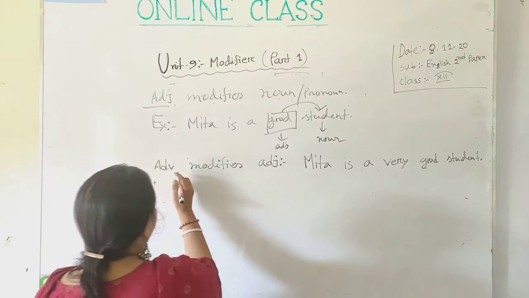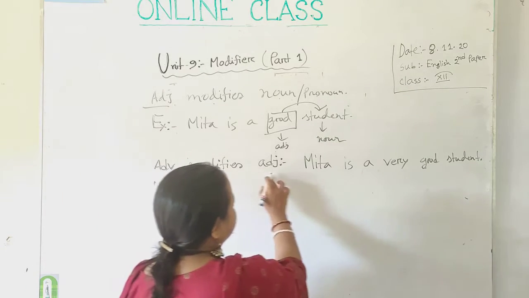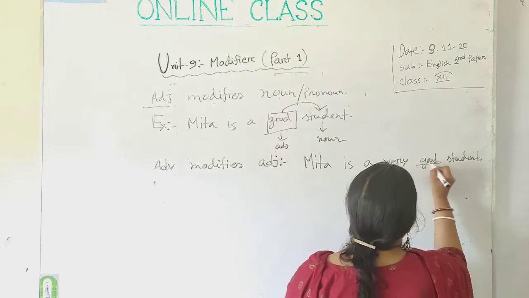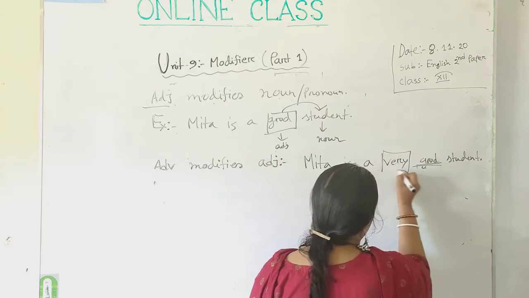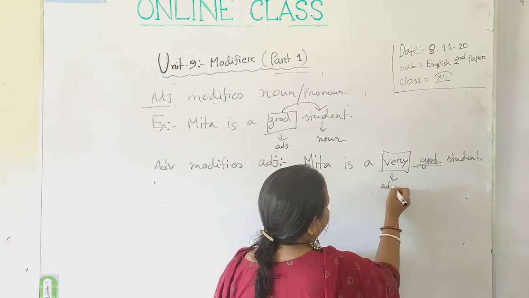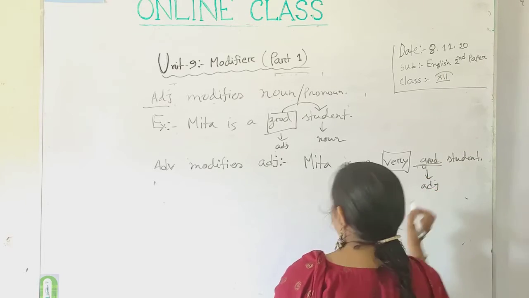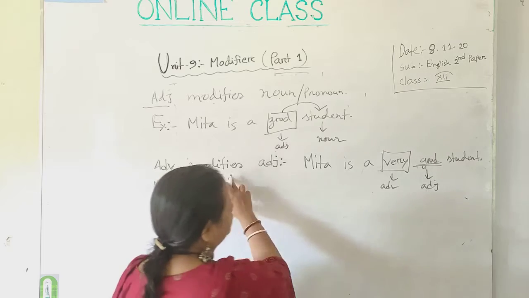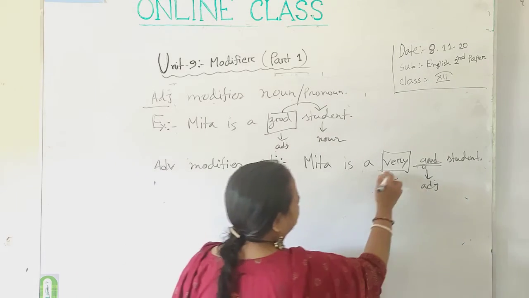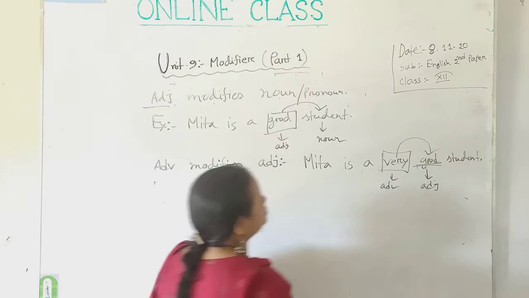Adverb modifies adjective. Mita is a very good student. How good student? Very good. Here very is an adverb and good is an adjective. So adverb modifies adjective.